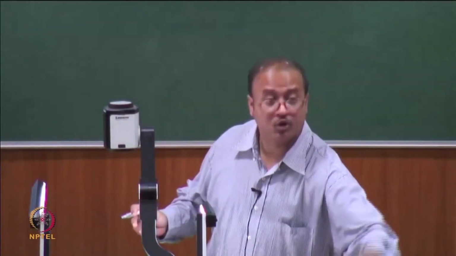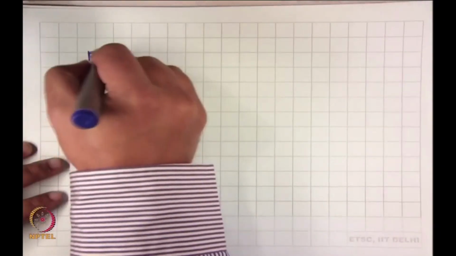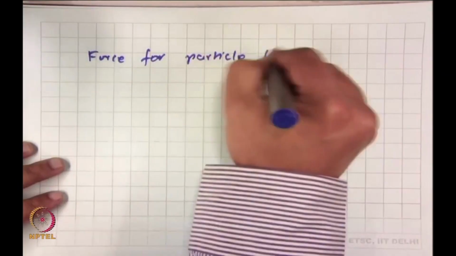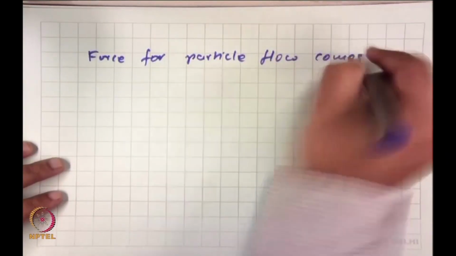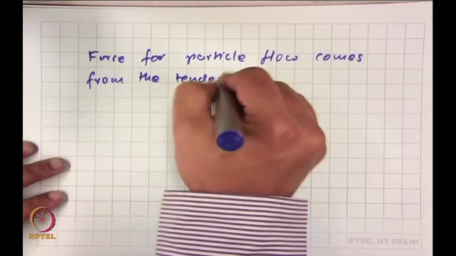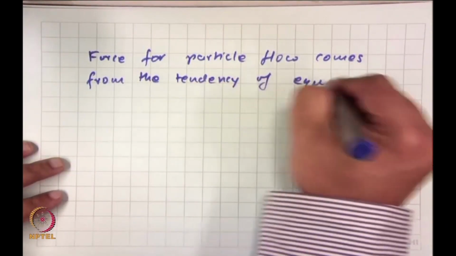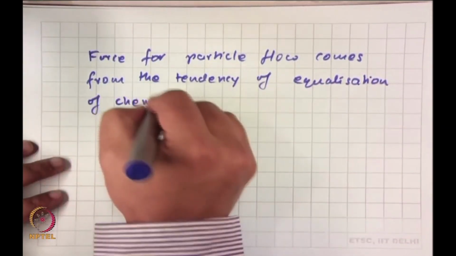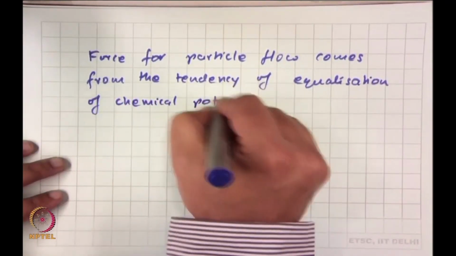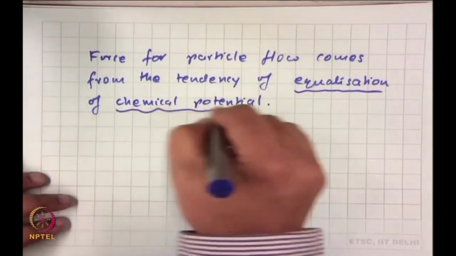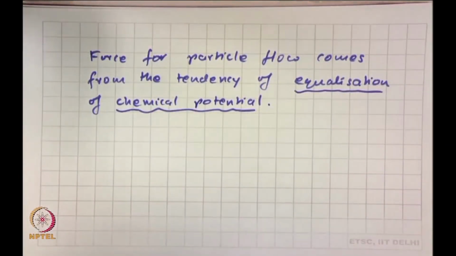So, if we go deeper into it, what we say is that the force for particle flow comes from the tendency of equalization of chemical potential, and we are talking about particle flow or concentration flow.